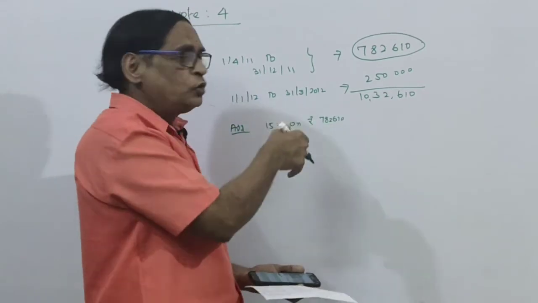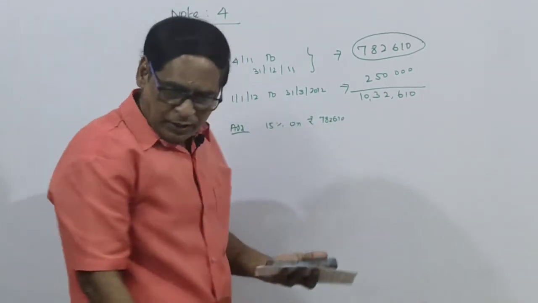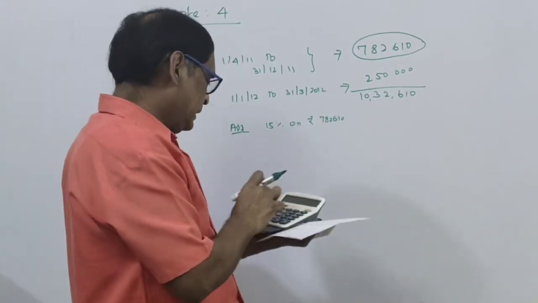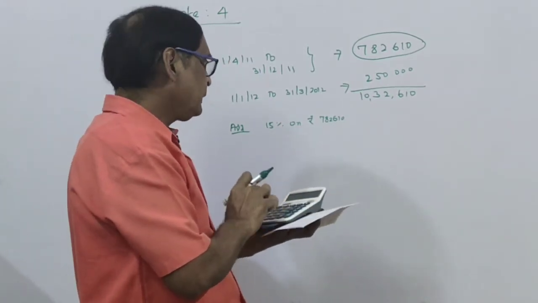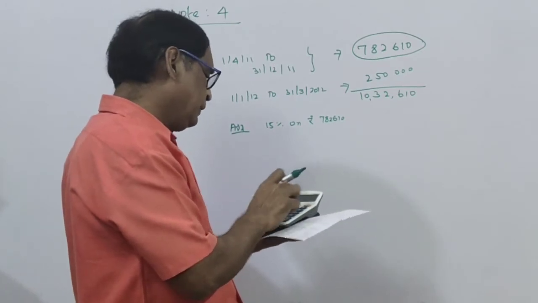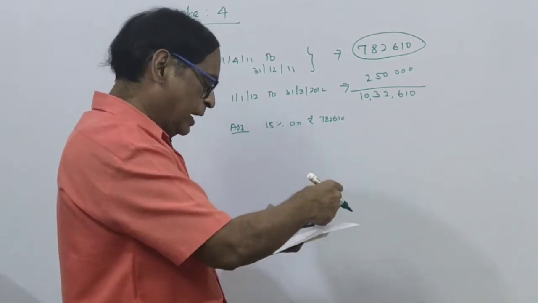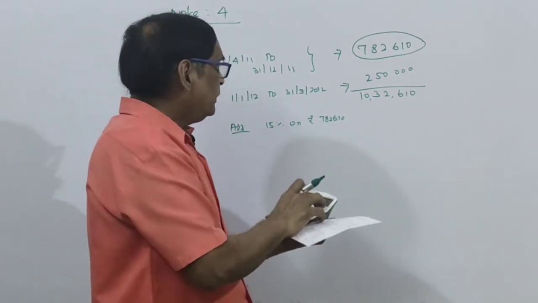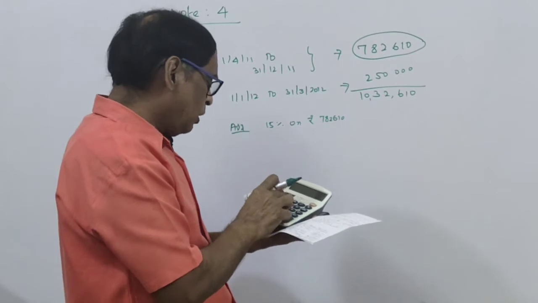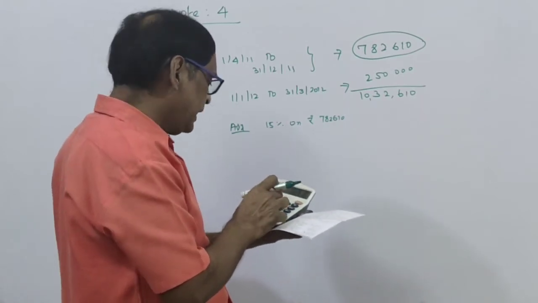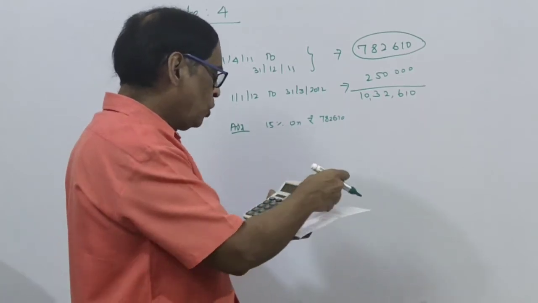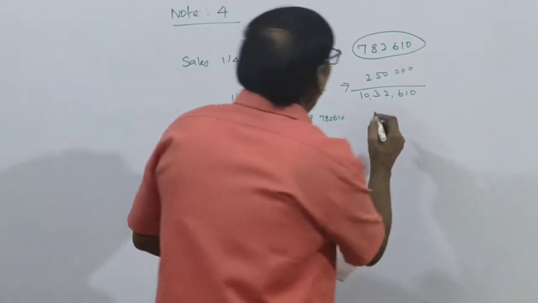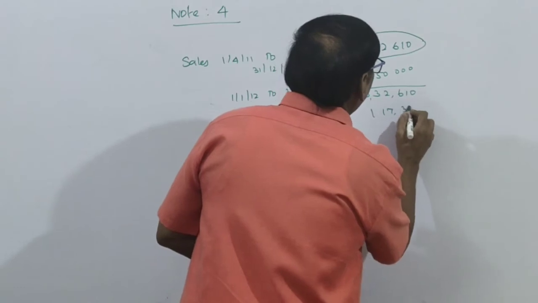That amount will come around 7,82,610 into 15%, so 1,17,391.